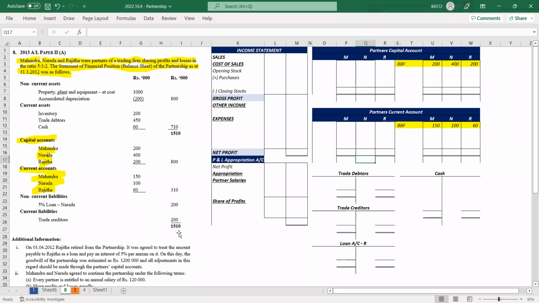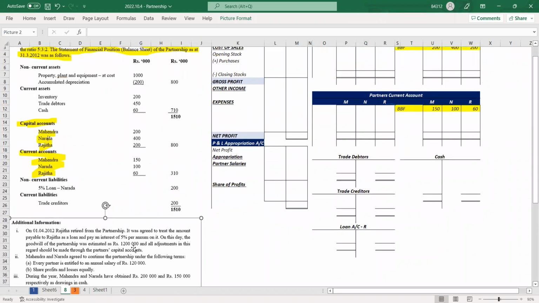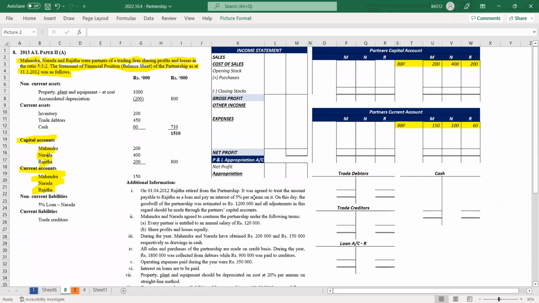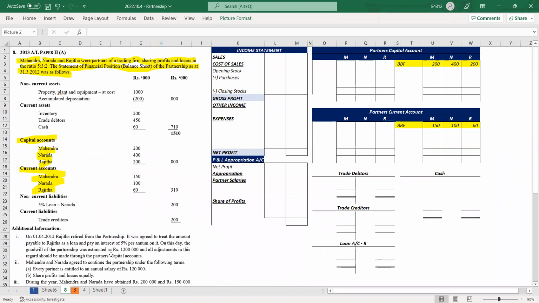Okay, I will give a few minutes. Can you all just try to do at least the first 3 adjustments?